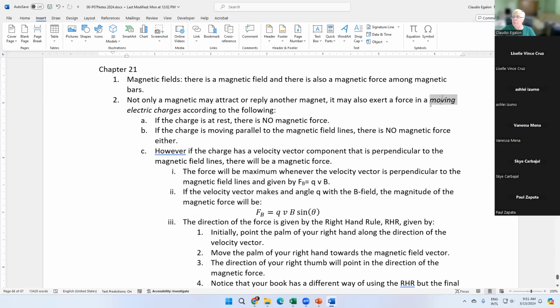But don't forget, the charge must be moving to feel a force due to the magnetic field, okay?